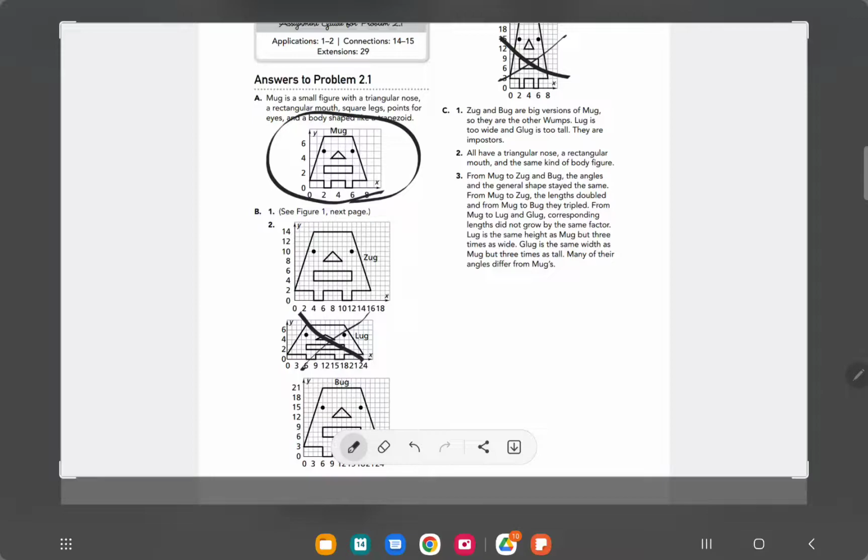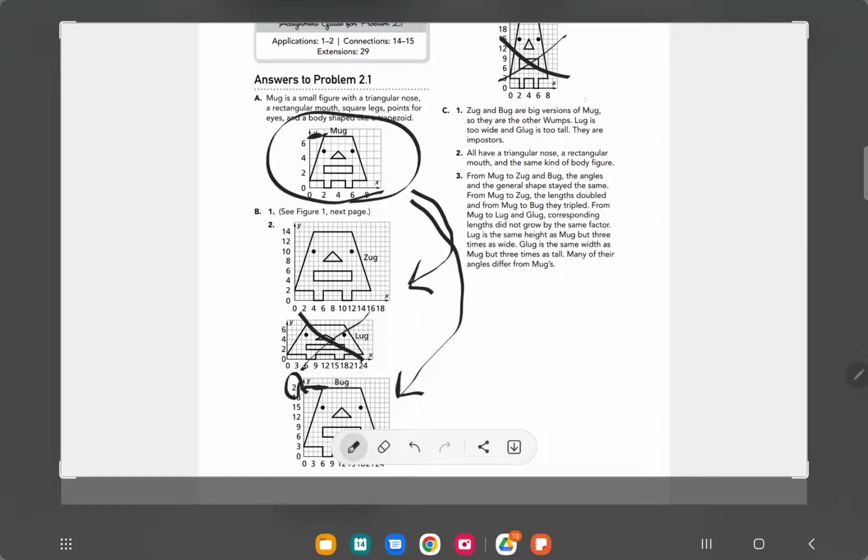And then how are they different? Well, they're different sizes. Mug and Zug and Mug and Bug are different sizes. So Bug is 21 units tall, where Mug is only 7. They are not the same size, but they're similar to each other.